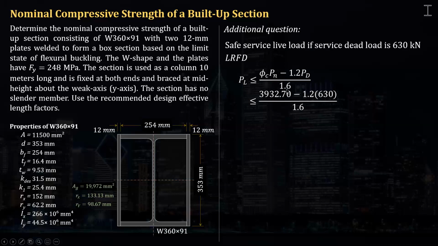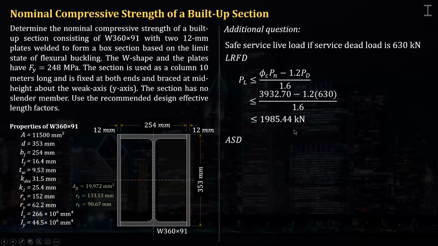So doing substitution, we got phi Pn in the previous slide equal to 3,932.7, and the given dead load is 630 kilonewton divided by the factor 1.6. So that will give us 1,985.44. Now the live load must be less than that, considering LRFD.